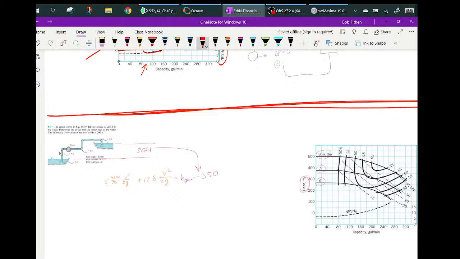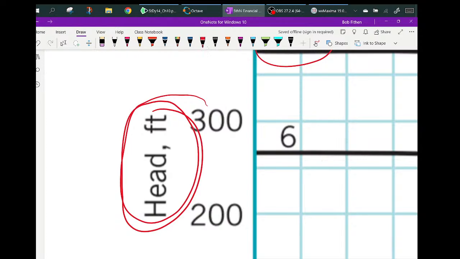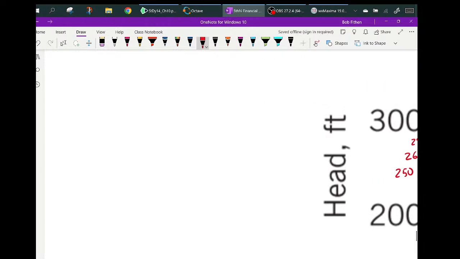I got to turn off the echo of this thing. Okay, what is the most pressure it can give me as far as feet of water? That's about 250. That's about 275. This is maybe 260. So maybe that's about 260.